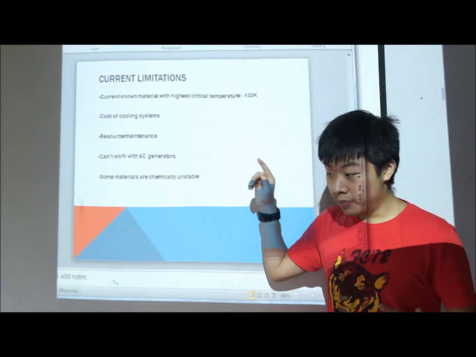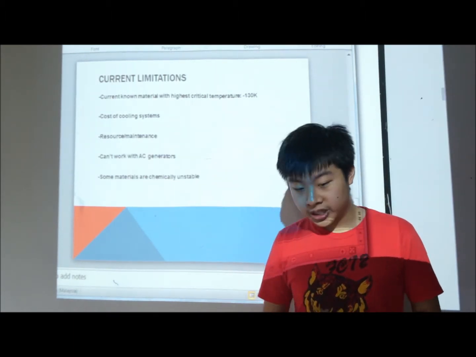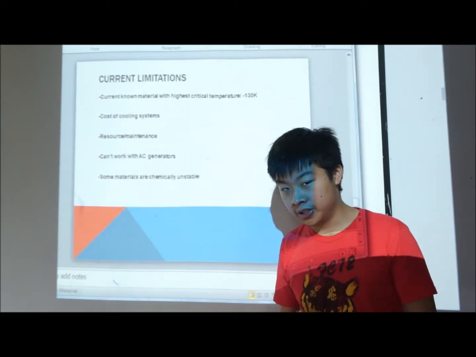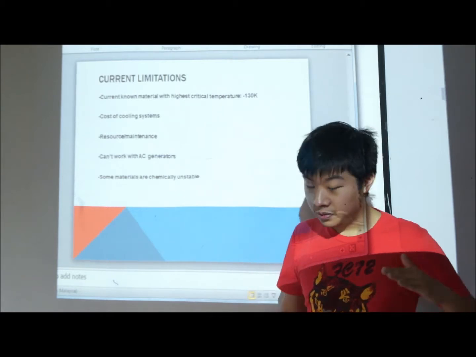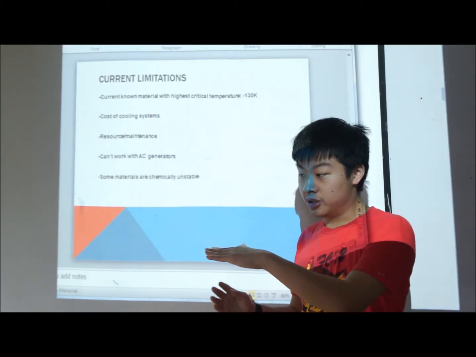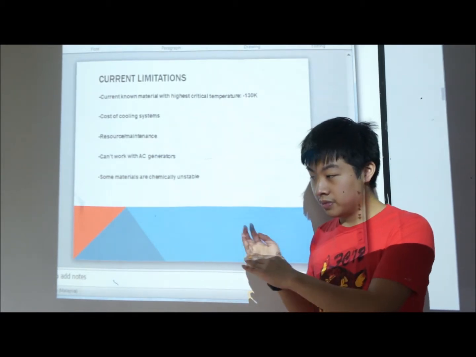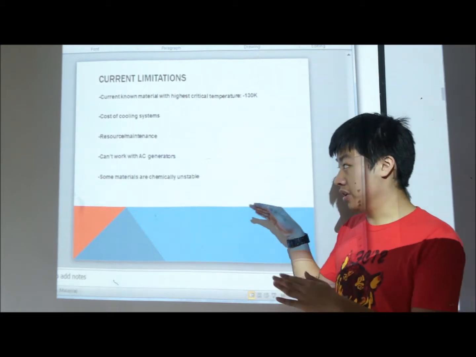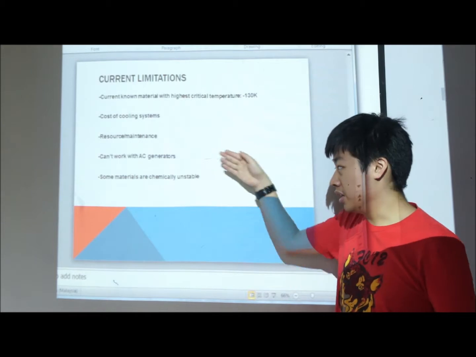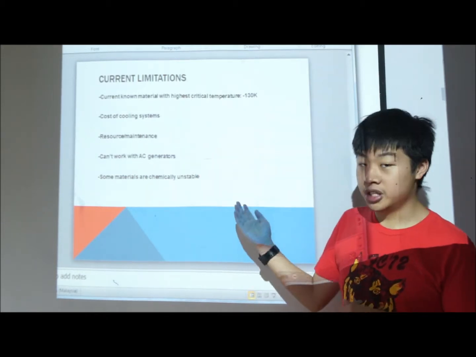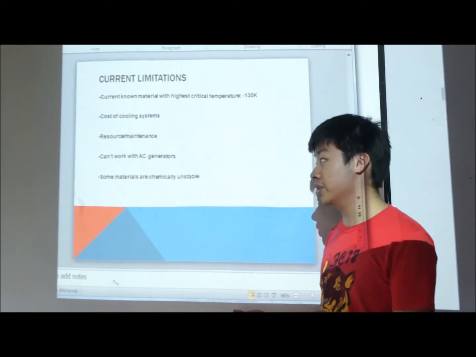And the one thing about superconductivity, it can't be used with alternating currents, because alternating current goes back and forth. For DC current, we need the electrons to go in one direction, but thanks to the BCS theory, it pulls the electrons in different directions, so it's technically AC itself, but using AC generators will break superconductivity.